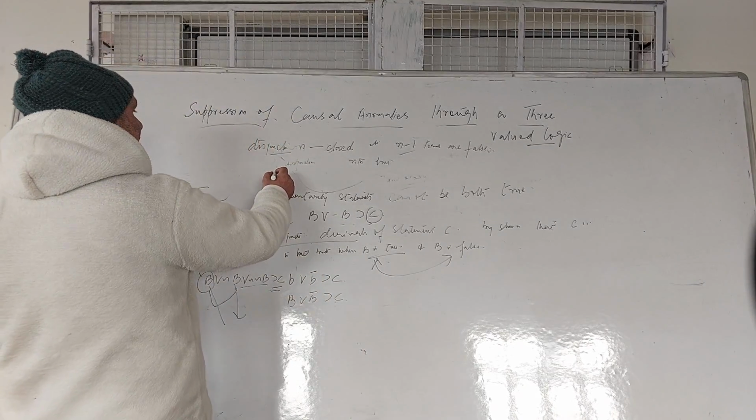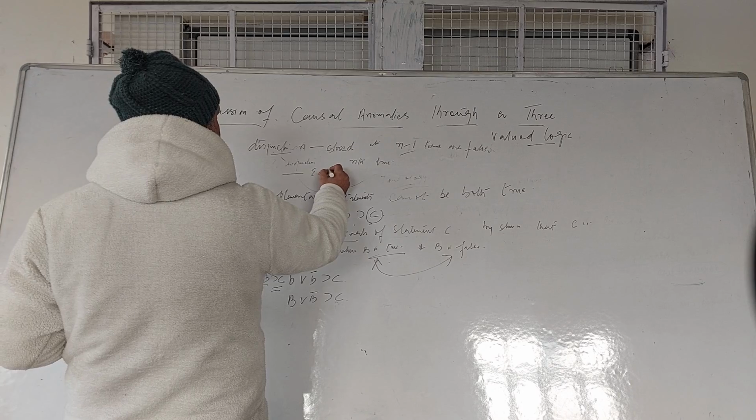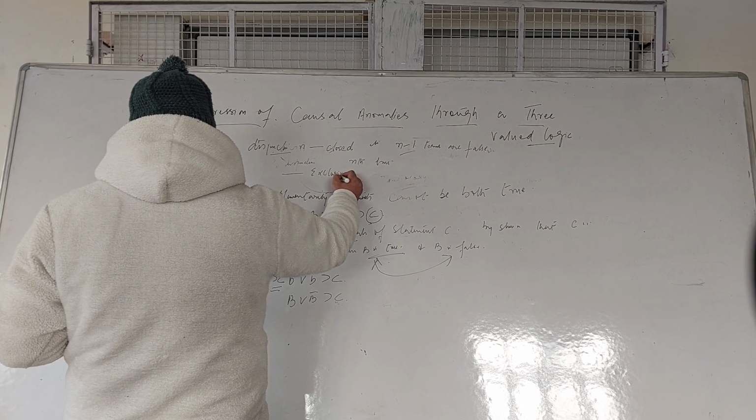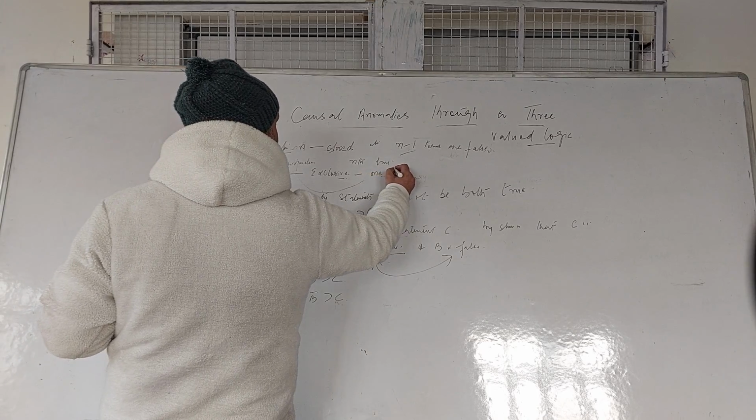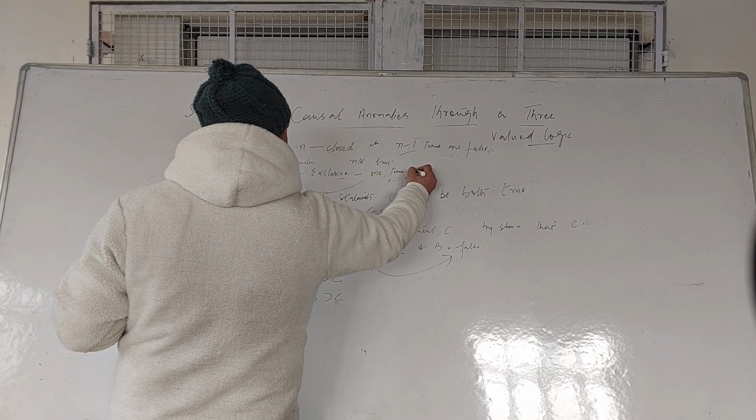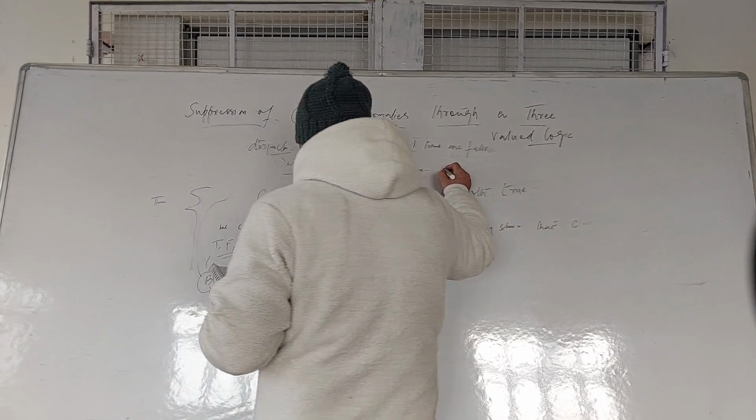And a disjunction is said to be exclusive if only one of the terms is true and the other terms are false.